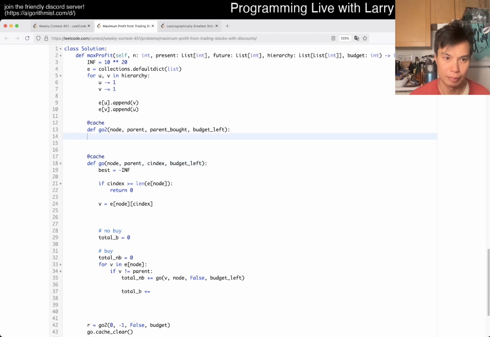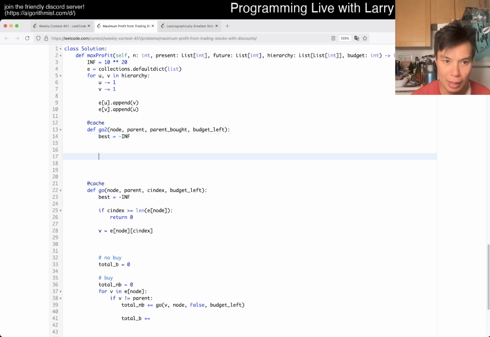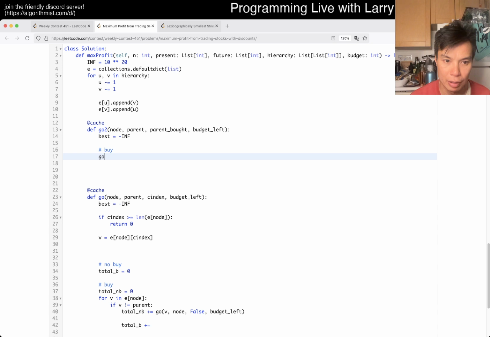Okay. So then now we want to say, okay, buy no buy, right? So buy we have, I need to name these things better, but it is what it is. Got node, we got parent, so C index is going to just be 0 for the first one, and then everything else we want to give to this thing. Okay, so buy is going to be if budget.